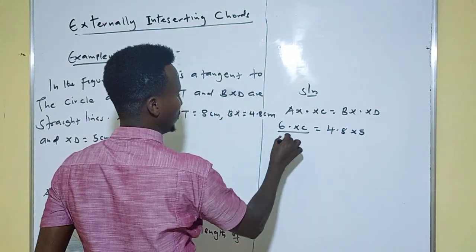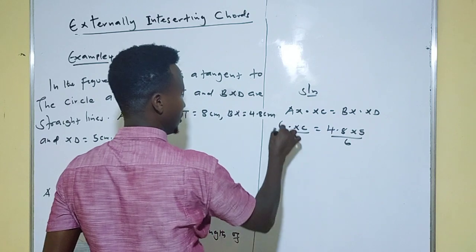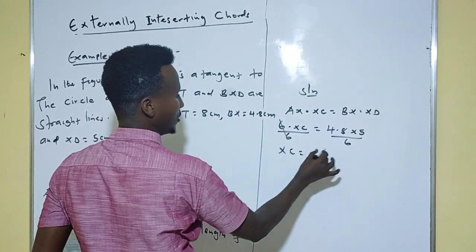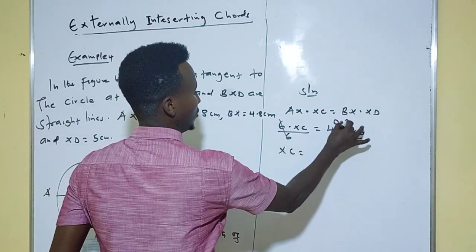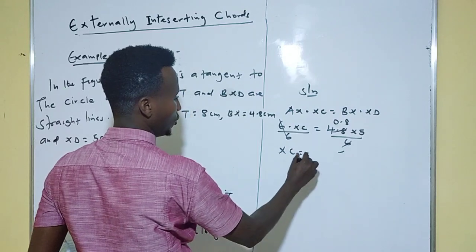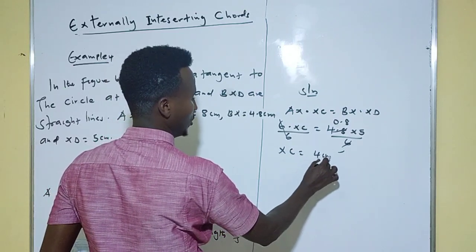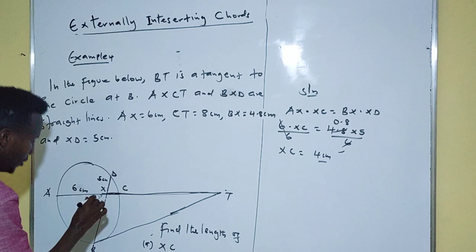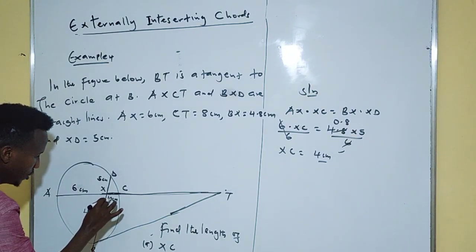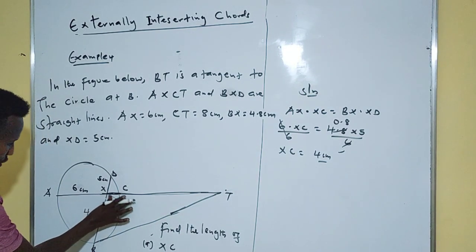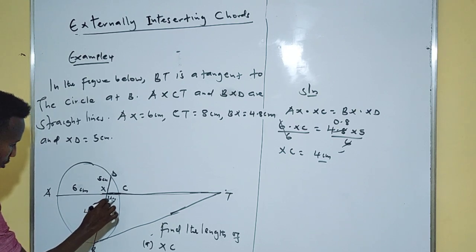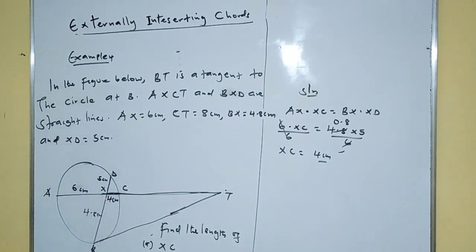Then to get XC, divided by 6, the 6 cancels. So XC is equal to 0.8 times 5, which is 4 centimeter. This small space is 4 centimeter.